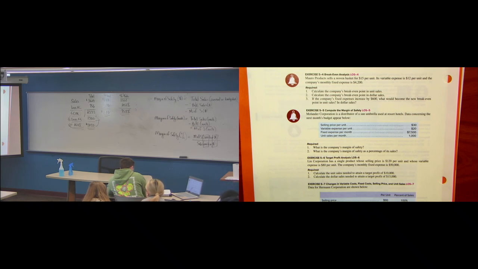Yeah, okay, so I erased the formula, the last formulas I put up here, target profit. So you might have to do a little work to find the variables that you need though.